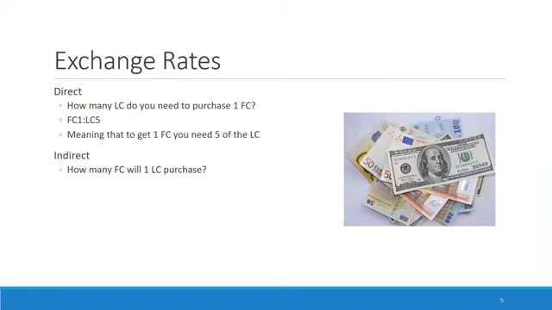Then the indirect way in terms of presenting an exchange rate is how many foreign currency will one local currency purchase. So one local currency will give us 0.2 of foreign currency.